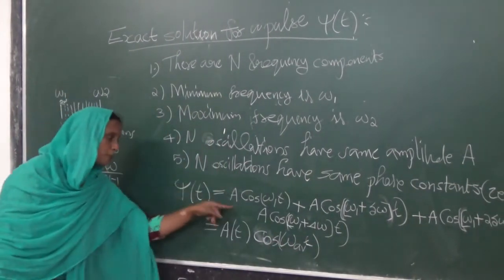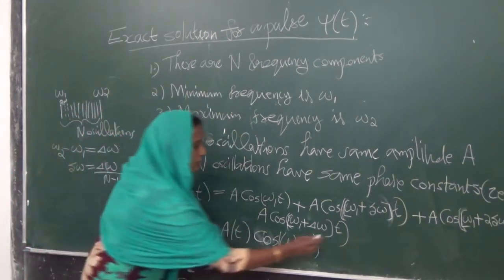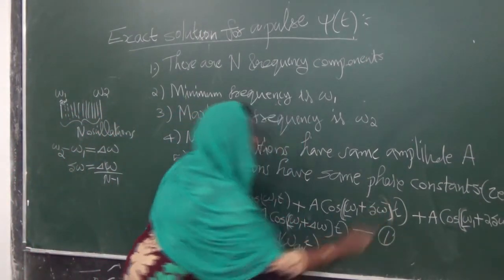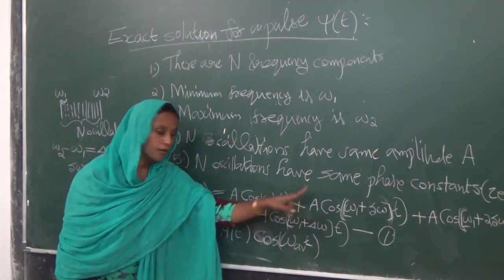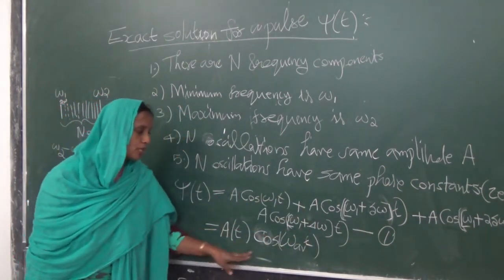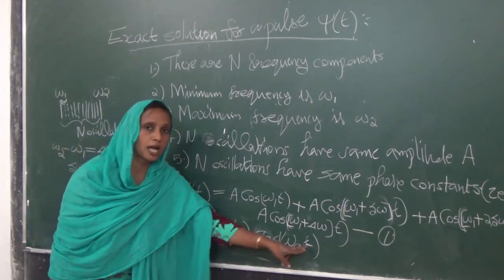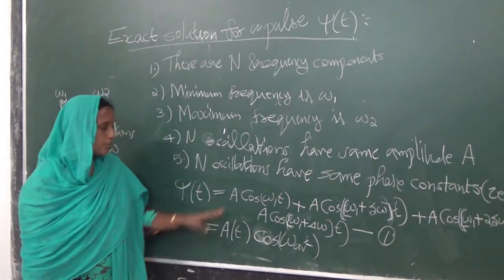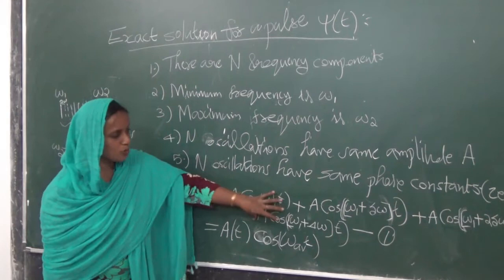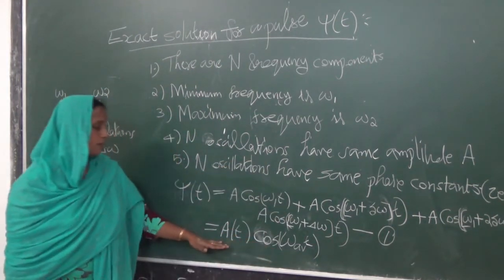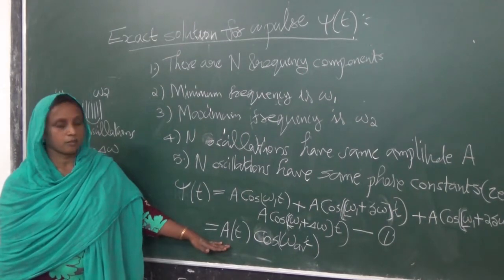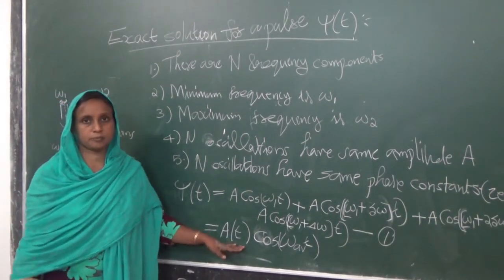That will be equation 1. We want to express equation 1 in this form, A of t cos omega average t. So by operating on equation 1, we have to come to an expression like this. That's what we want to do next.